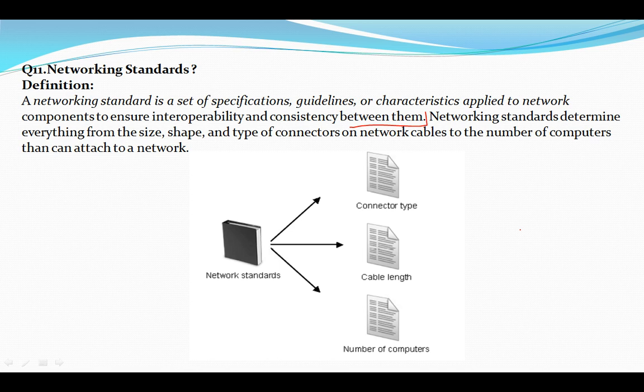Every vendor has to follow all those rules and regulations, so that interoperability works between the different vendors we have in the market. All the hardware should communicate with each other. Like this is my connector, it should connect with a different company's cable and a number of computers. So these are the complete guidelines every vendor has to follow at the time of production of network components, hardware, or devices.